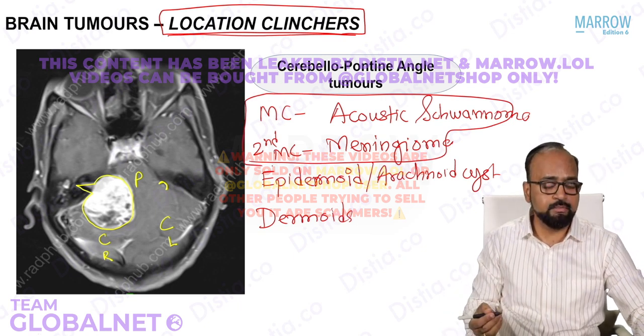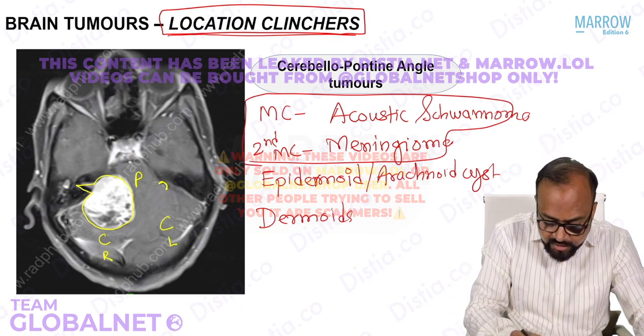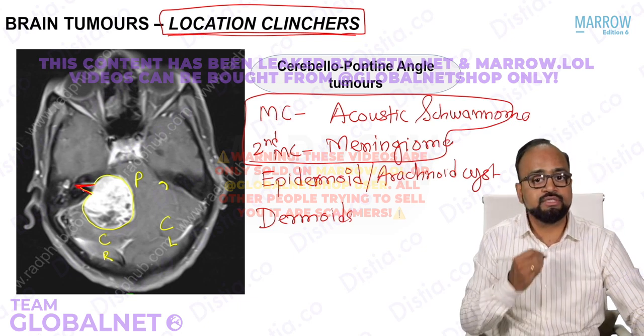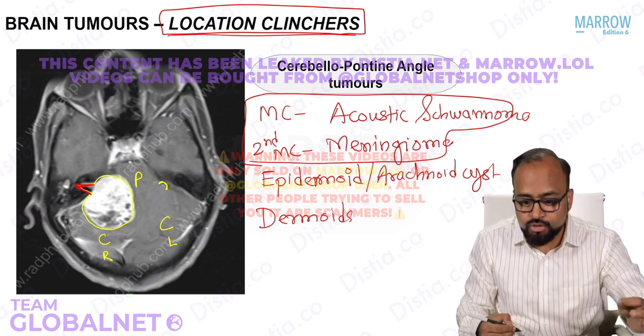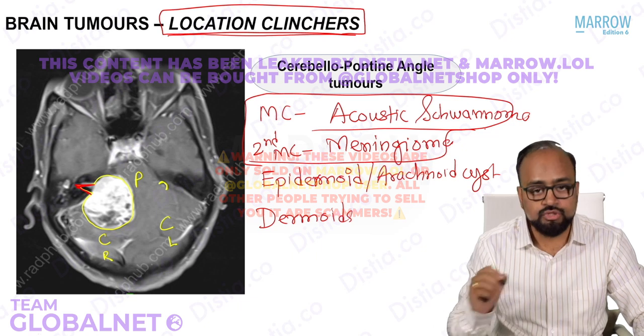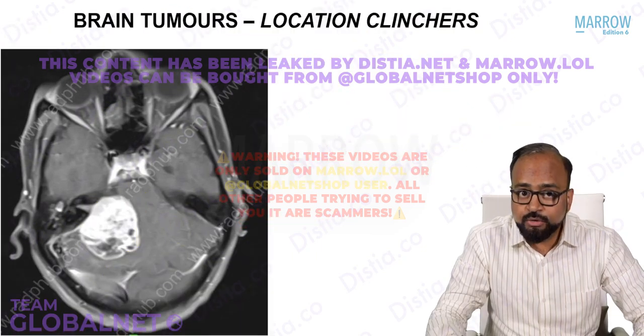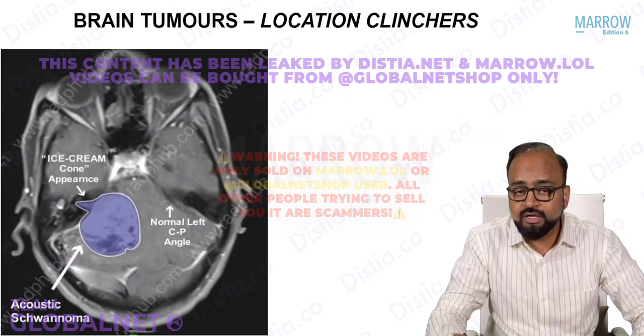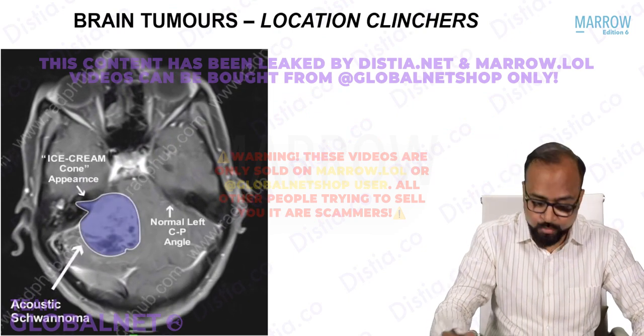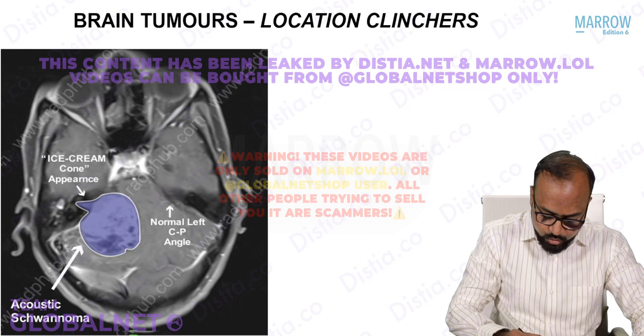How to differentiate between them? Very easy. If you see a tail, this extension into the internal acoustic meatus, it means that it is spreading along the vestibular nerve. Therefore, it is arising from the vestibular nerve, and that is a feature of acoustic schwannoma. Yes. Now look at this particular tumor in the right cerebellopontine angle. Look at the appearance. Can you see? This appearance is called ice cream on cone appearance. What is ice cream on cone appearance?